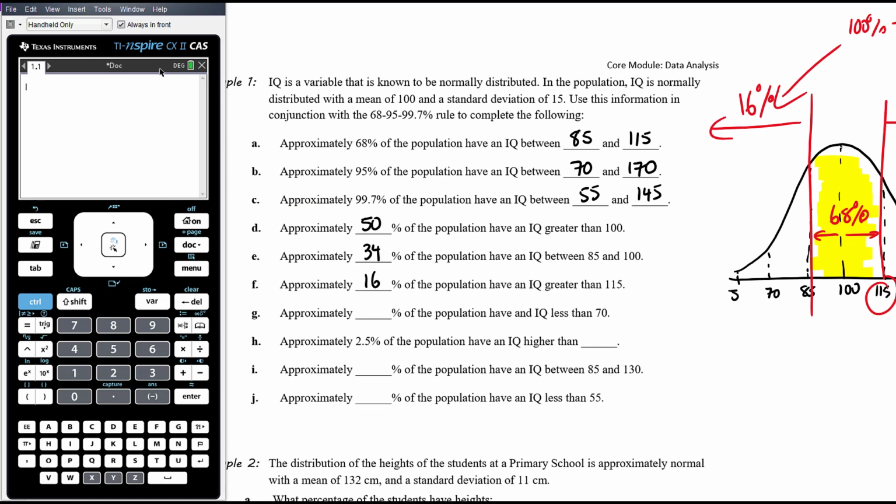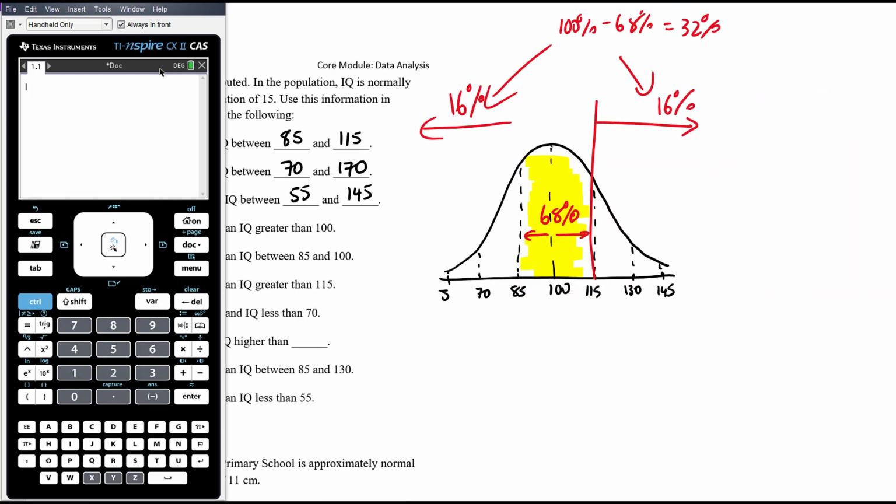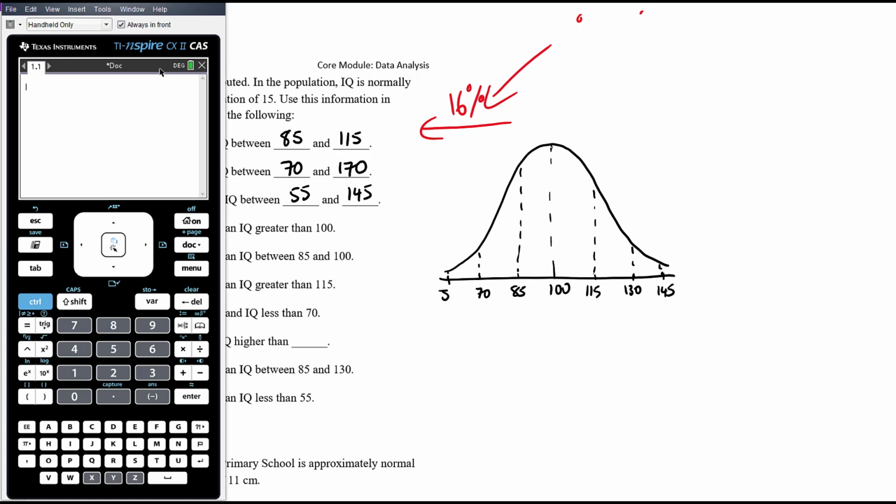Approximately what percentage of the population have an IQ less than 70? Okay, so similar kind of logic, but we've got a different value here. Let me just get rid of everything here. So an IQ less than 70. So 70 is 2 standard deviations below the mean. Okay, so we want to know what percentage are less than 70. And it's going to be the same as whatever percentage are bigger than 130. And remember, we already know 70 and 130 are 2 standard deviations from the mean.